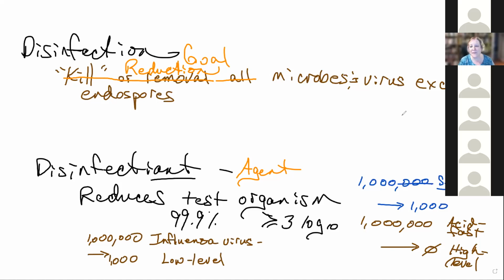So it doesn't really say kill anywhere. Right. Well, the reason why we did that when we were setting up Cerego is because we wanted to make this definition different from sterilization. So you are correct. In the definition in Cerego, it doesn't talk anything about kill.